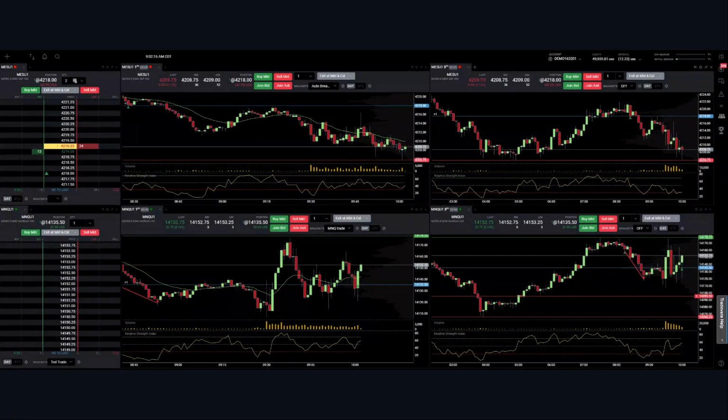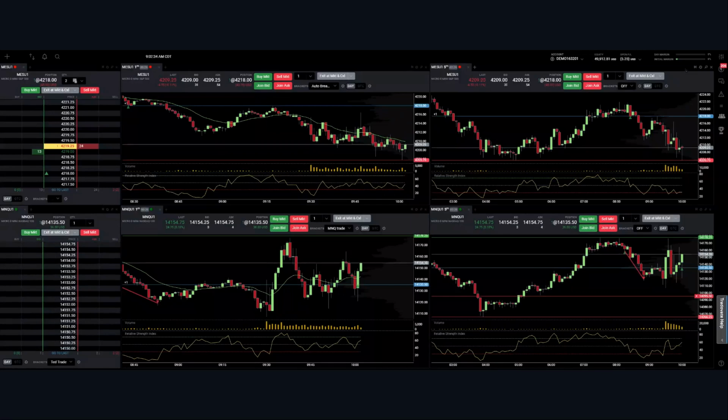As long as you close out your positions by around 4:30, you'll be fine. If you're trading multiple contracts and you're over, you can close out one of your contracts and then put it back on in the after hours. I've done this before as well.